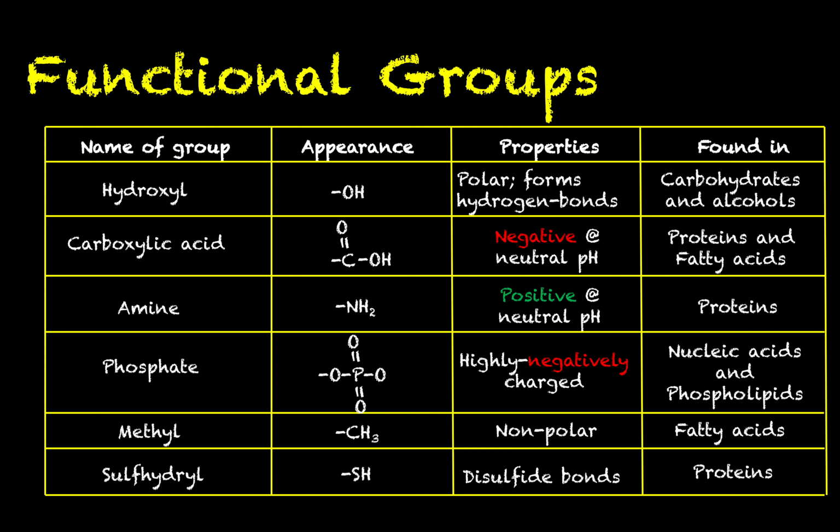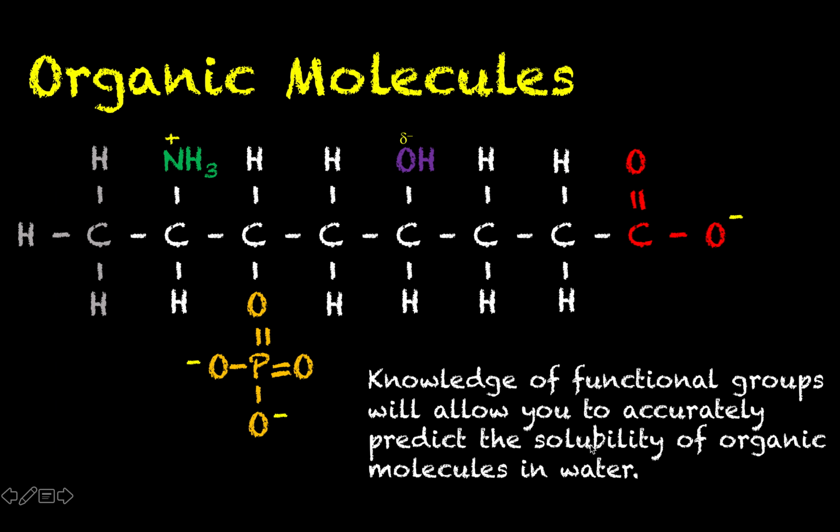And remember, solubility is a function of how much stuff is there for water to grab onto. Water can grab onto polar functional groups and electrically charged functional groups. It cannot grab onto non-polar functional groups.